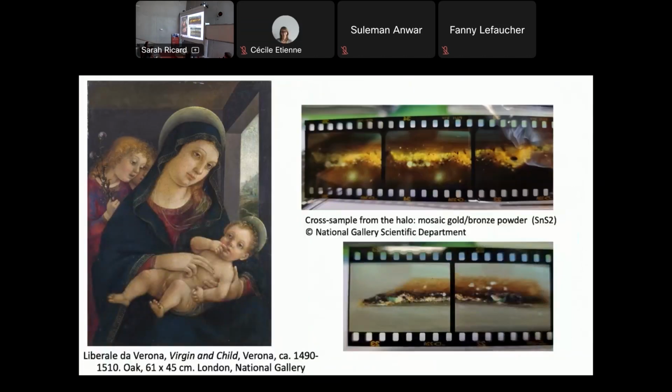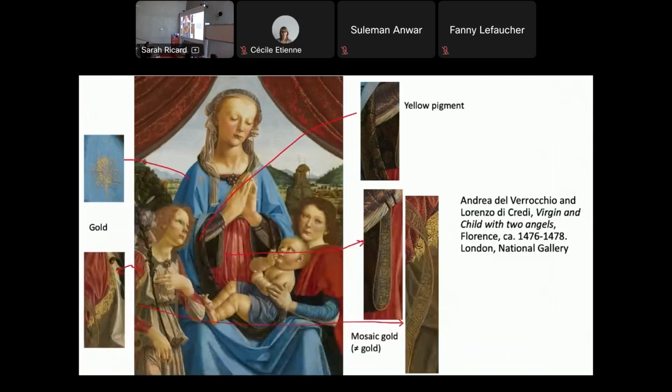So mosaic gold here is used, for instance, as substitution to gold. For this version at the National Gallery, we do not have gold, but only mosaic gold used in the halo of the version. Here the cross sample from the archives also helps us to identify it.